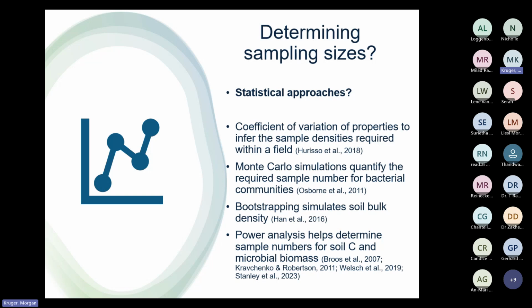A similar approach has been used for forest soils where bootstrapping was used to simulate soil bulk density. And then we have something called power analysis that has been recommended and used to investigate the number of samples for properties like soil carbon and microbial biomass. So these are statistical approaches that we can apply to determine what a good sample size would be.